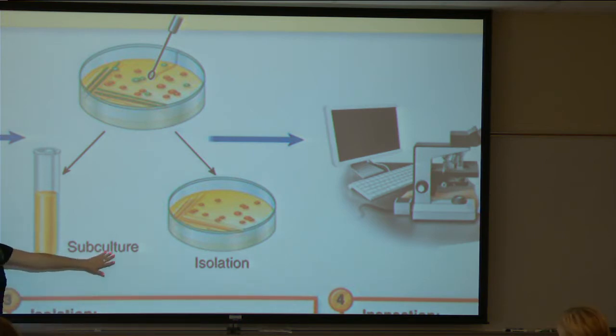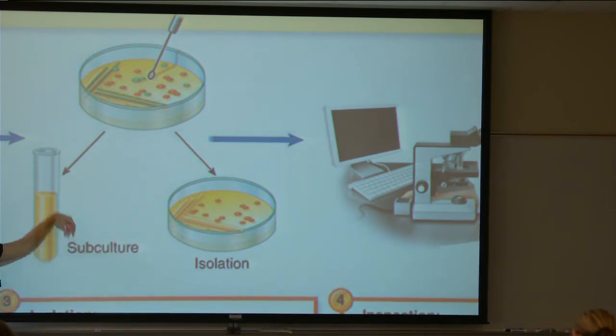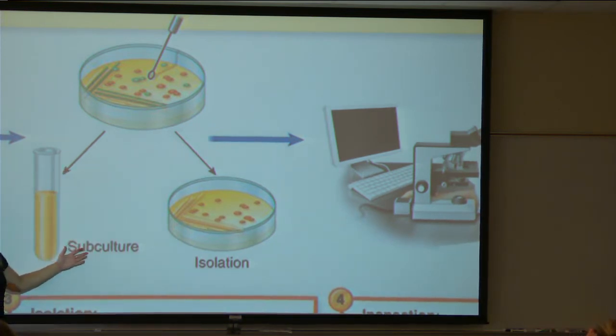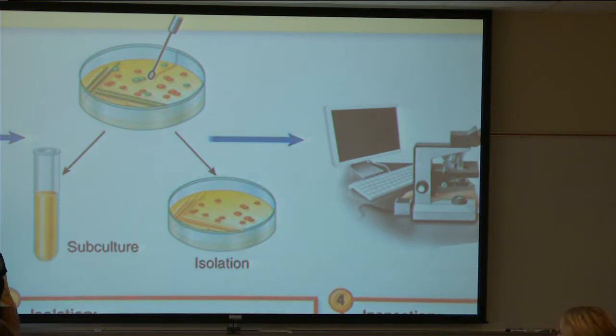The word subculture means to make a culture from your original culture. Our lab tech does that all semester long. He'll order a few cultures of E. coli from the company, and then he'll take that master culture of E. coli and subculture it. So he'll take maybe 10 plates.